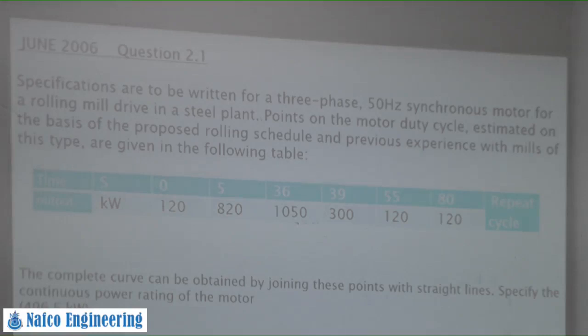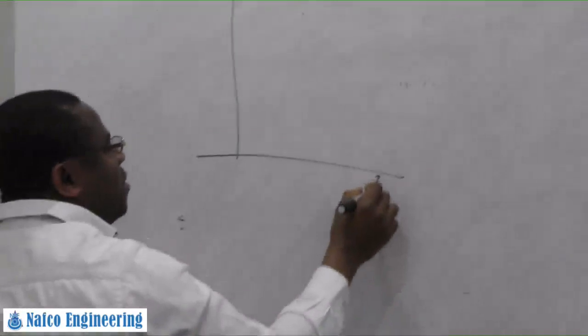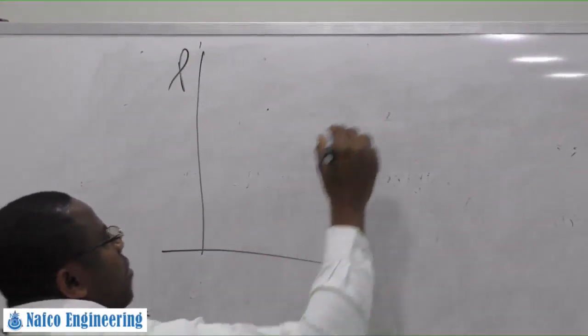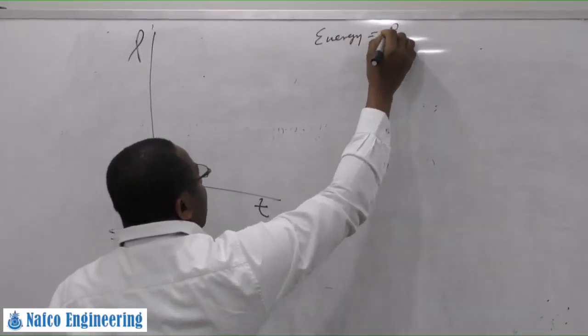So you need to get something average. And to get the average, we are going to plot the graph of power versus time. We know that our energy is power times time.